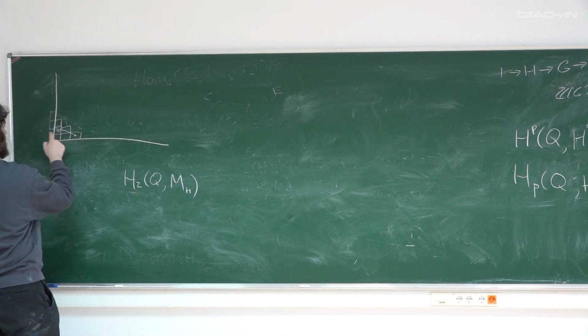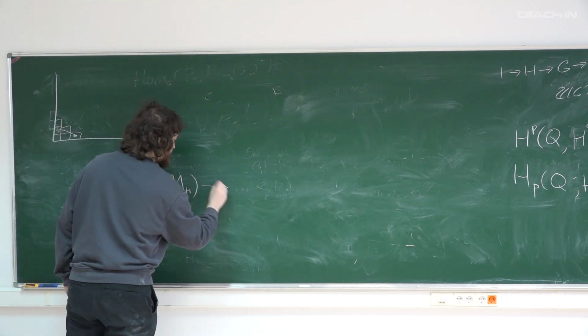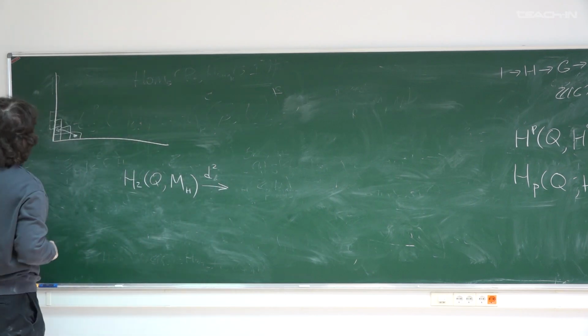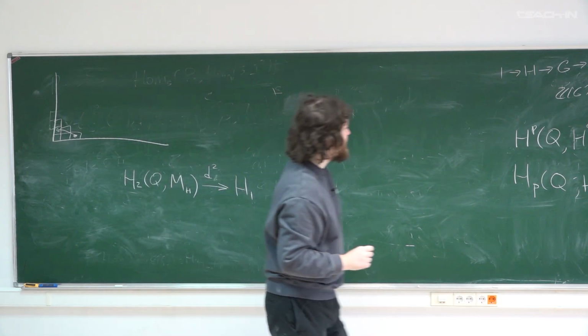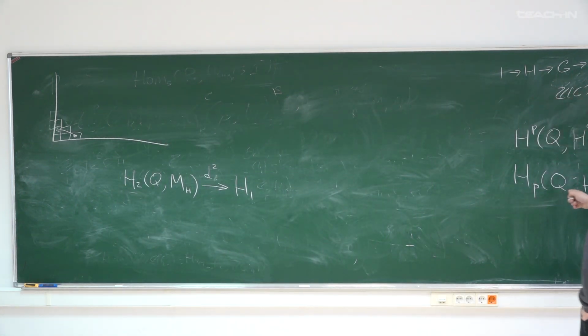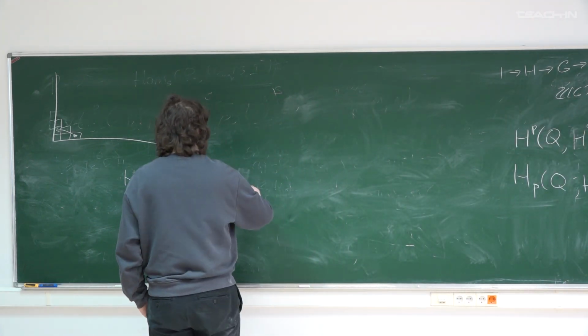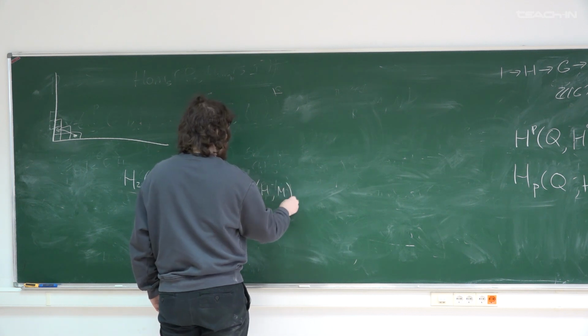Then I have this element, and a differential to this element. It's the 0 homology of Q in the first homology, so it's the coinvariants of the first homology of H with coefficients in M under Q.